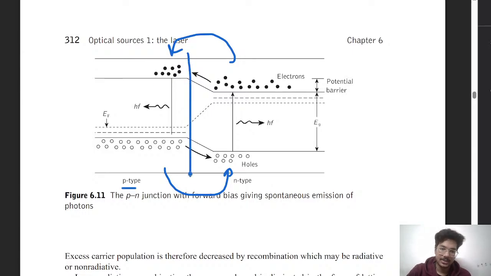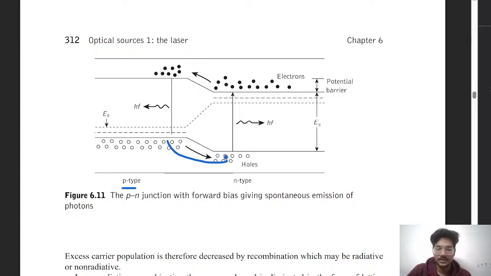As we can see in figure 6.11, the holes are moving toward the n side, and the electrons are moving toward the p side.